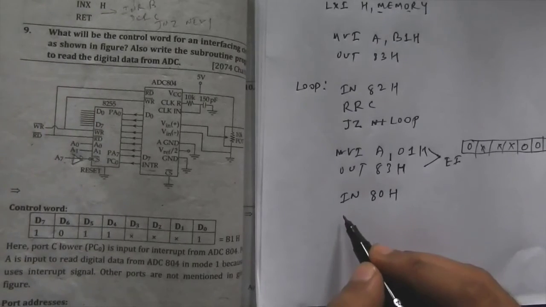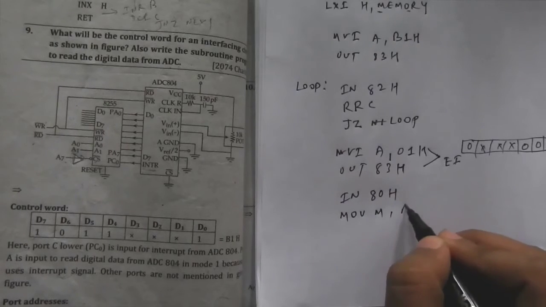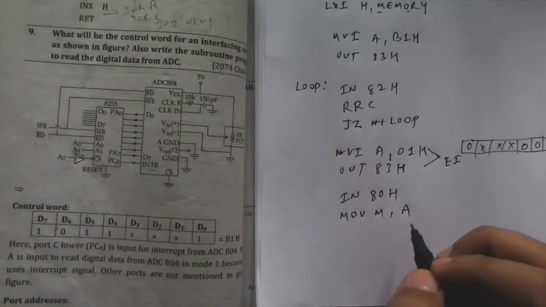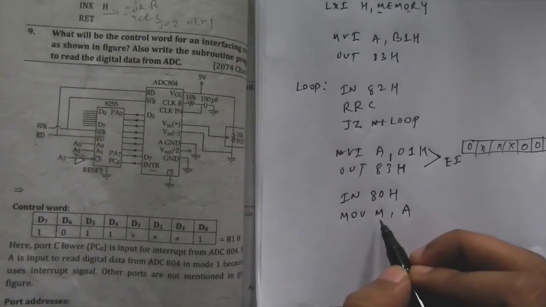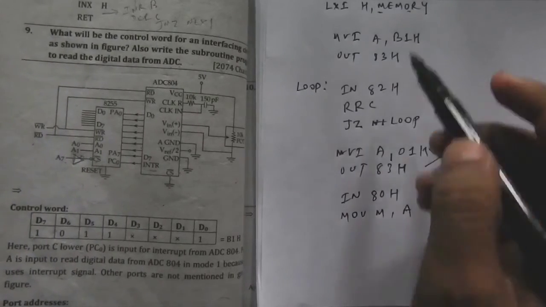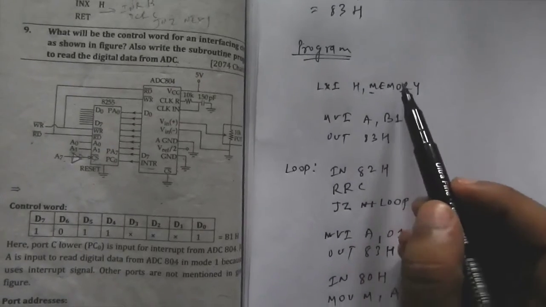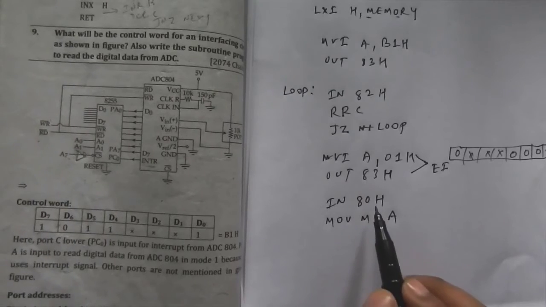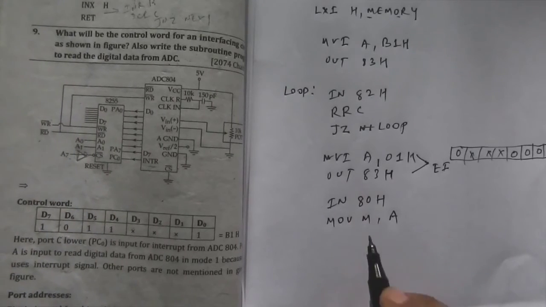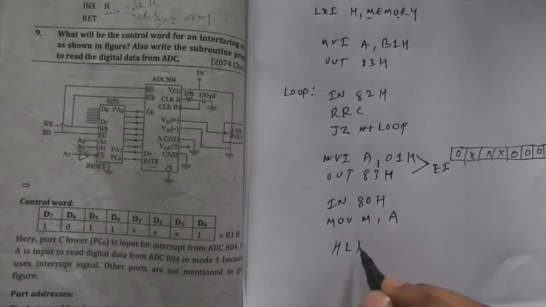Now we need to store the data into memory, so MOV M comma A. So we are transferring the data from accumulator to the memory address pointed by this variable. Okay, so now we have read the data, we have stored the data. Now we need to just stop the program, so HLT.